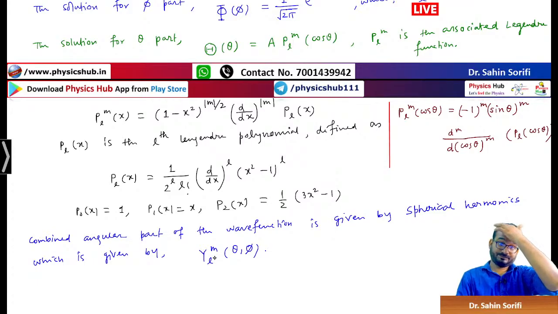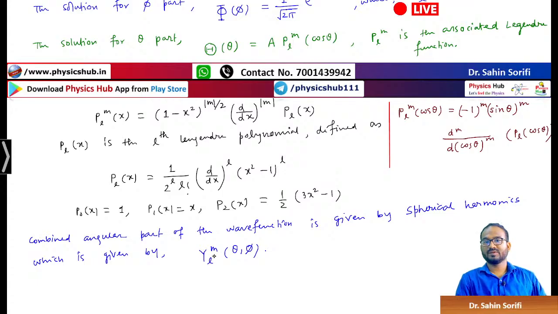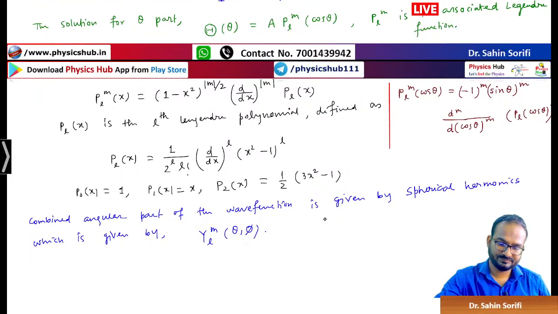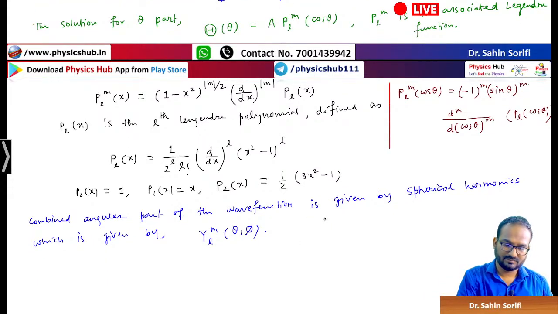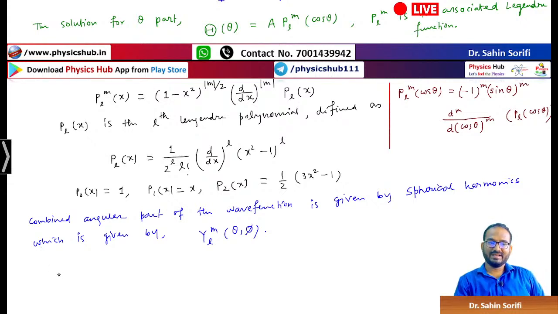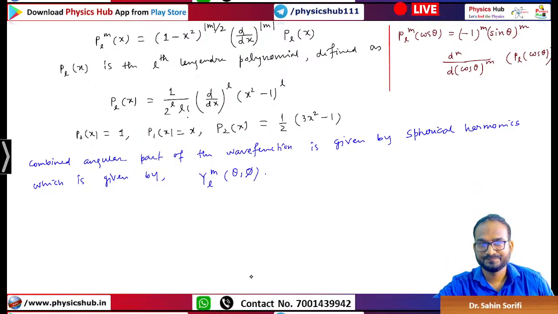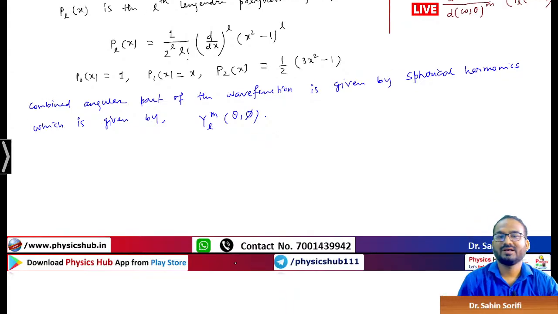Okay. Look, 1 minus x square is 1 minus cos square theta, so that is sin square theta, and this 2 is taken care of. So YLM of theta phi is the angular part of the solution.